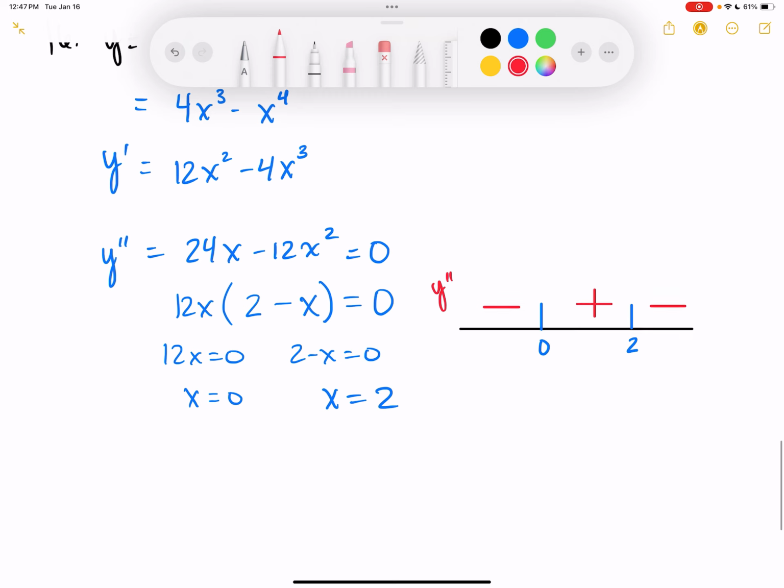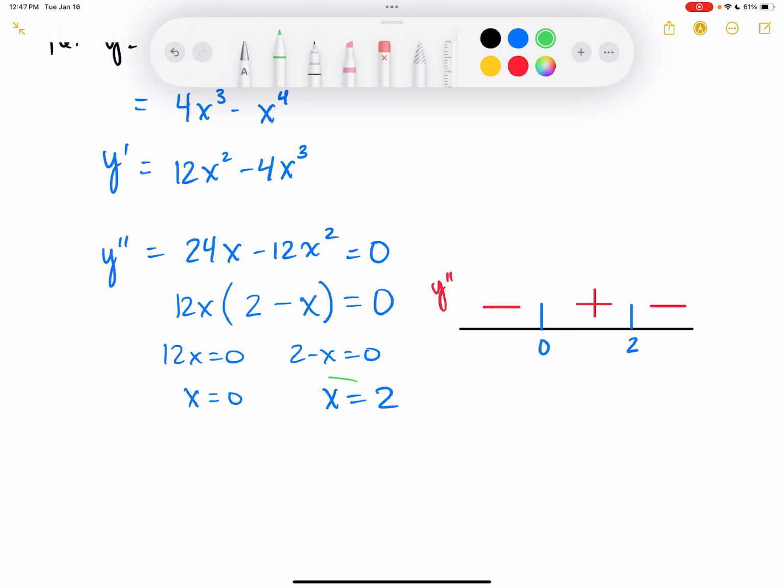Alright, so points of inflection occur where the concavity changes. Is concavity changing at each of these points? Yes, it's going from negative to positive to negative. So concavity changed at each of these points.